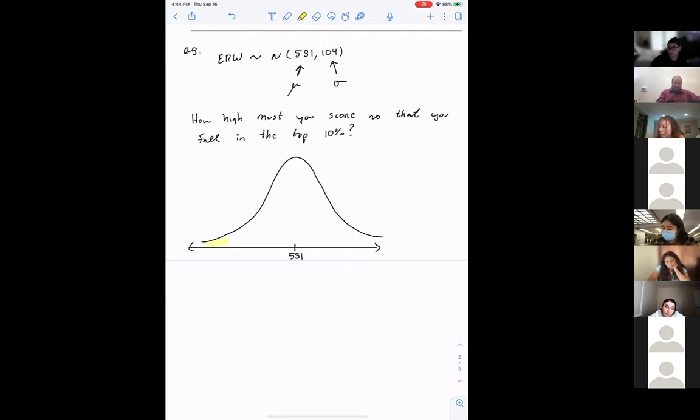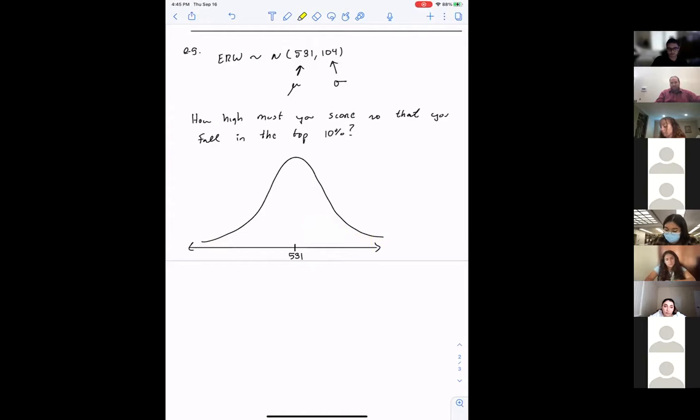Is that the top 10%? Where's the top 10%? On the right. How far from the right would I shade? Start here. How far should I get? Do I get all the way over here? Does that seem reasonable? Where does 10% end?